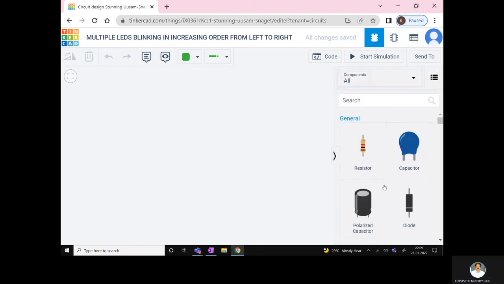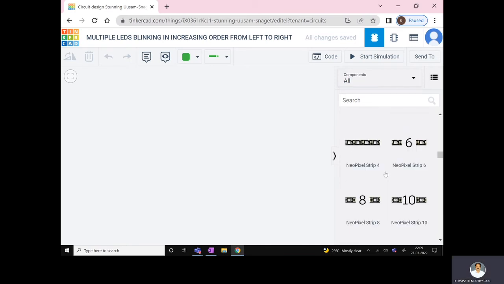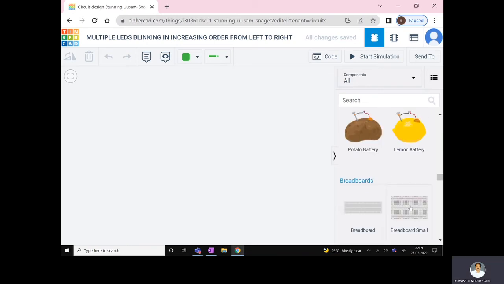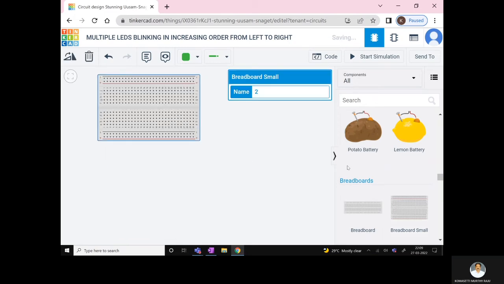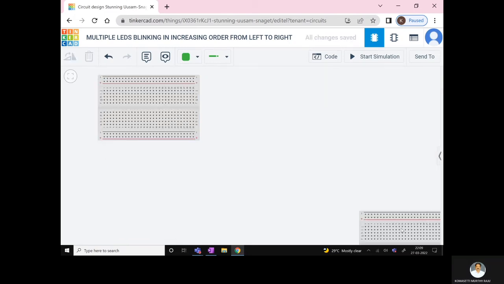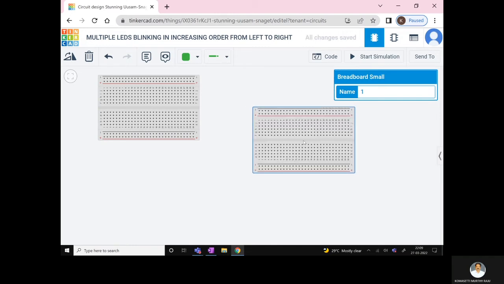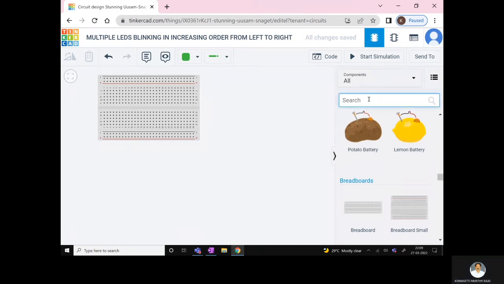Choose breadboard, from this one. Next, UNO board, Arduino.